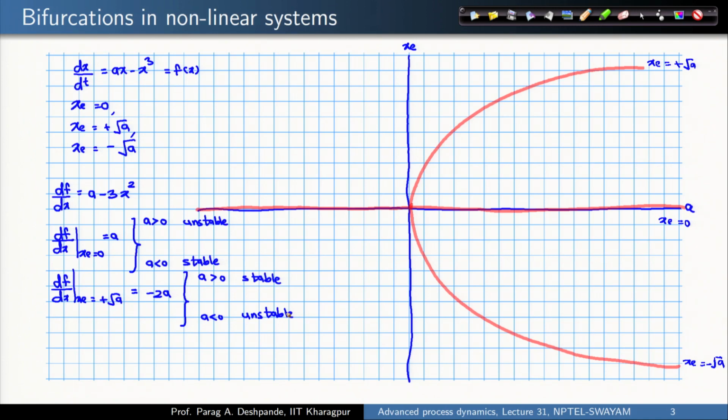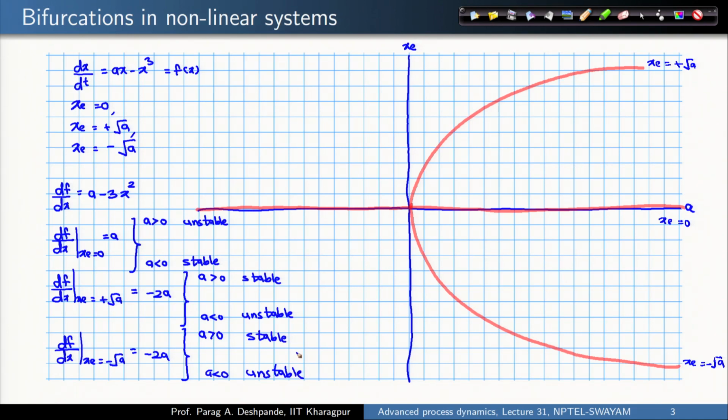Fine. Finally, df by dx at x e is equal to minus root a is what? a minus 3 times minus root a squared, it is again minus 2 a. So, it would be just a repetition of what we have written above, a greater than 0 stable, a less than 0 unstable.